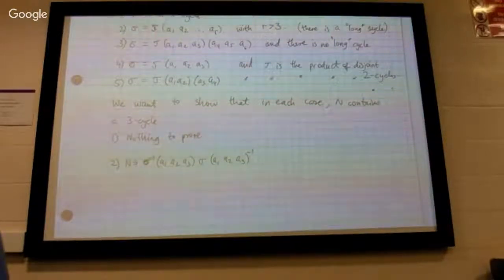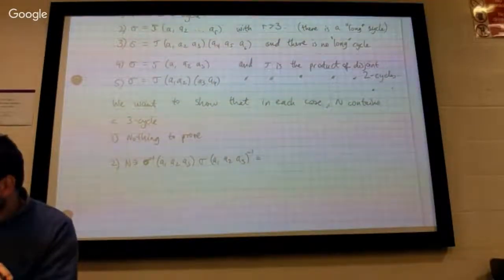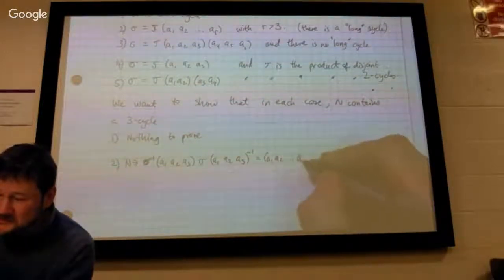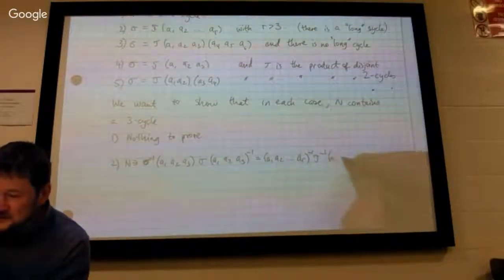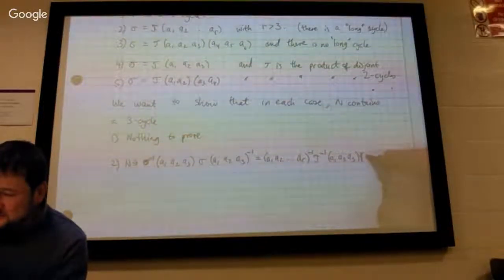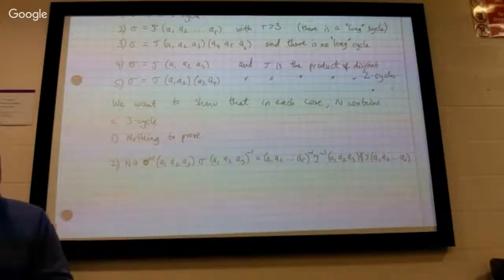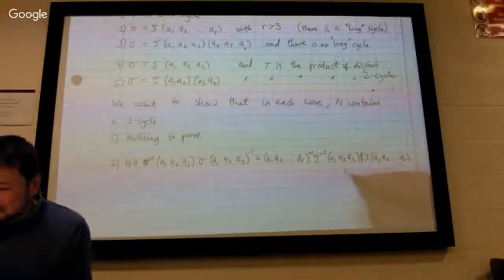Okay, so what is sigma inverse? Sigma inverse is (A1, A2 up to AR) inverse, tau inverse, then (A1, A2, A3), sigma is tau (A1, A2, ..., AR), and then this times (A1, A2, A3) inverse.